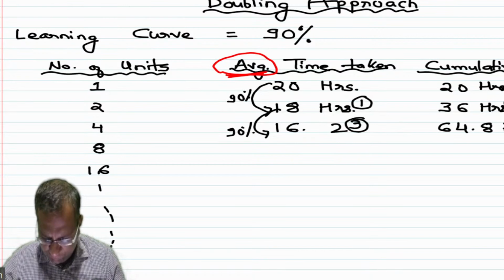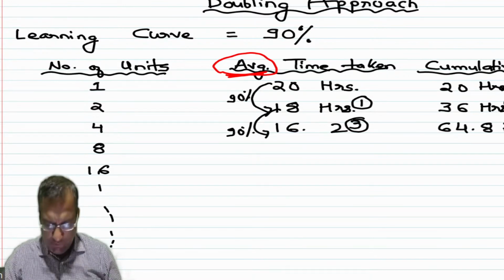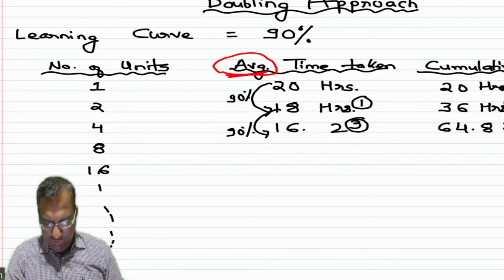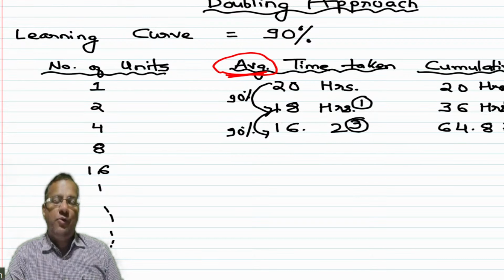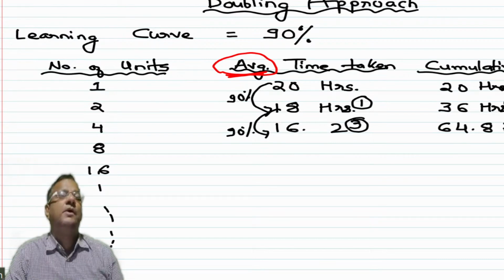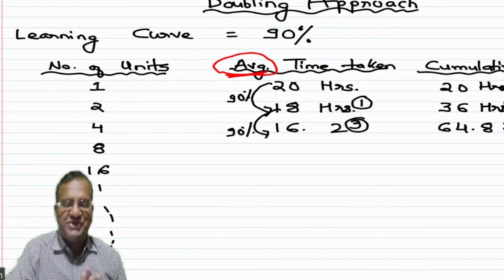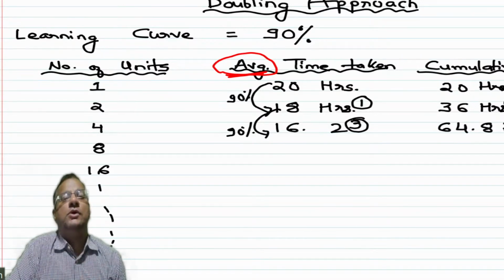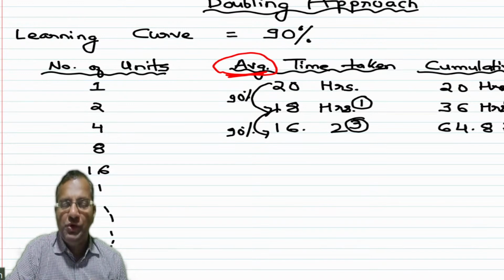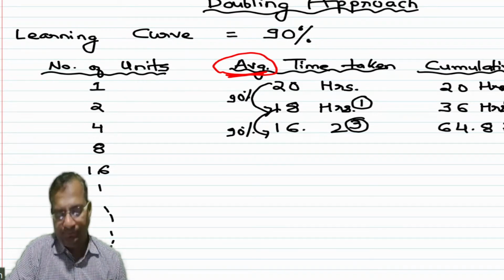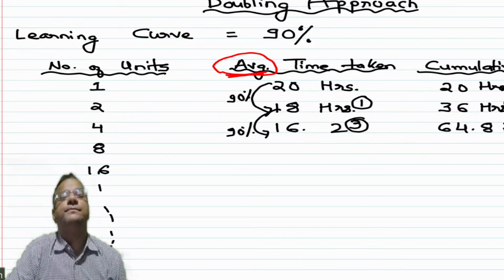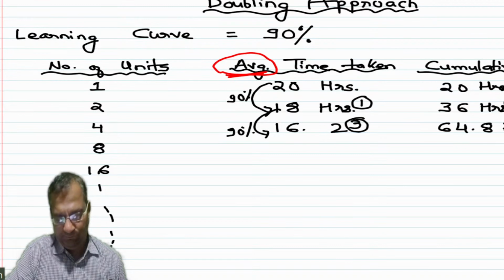18 hours, if the average time taken to manufacture 2 units. Full stop.